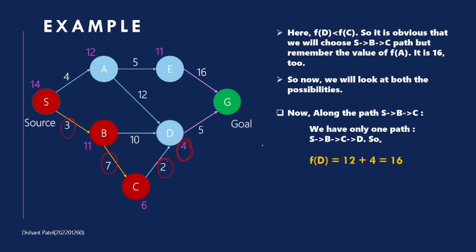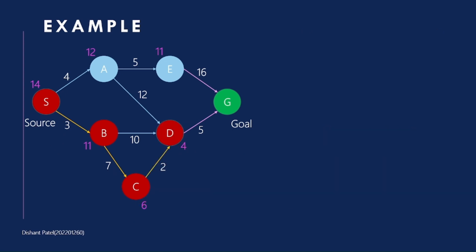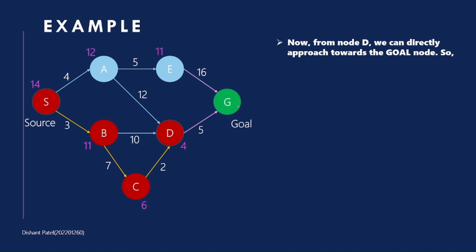Now from all these three possibilities, we get 16 from this path, and from the first possibility we got two values, 20 and 20. So we have minimum value 16, so we will keep moving on this path. Now from node D we can directly approach the goal node.